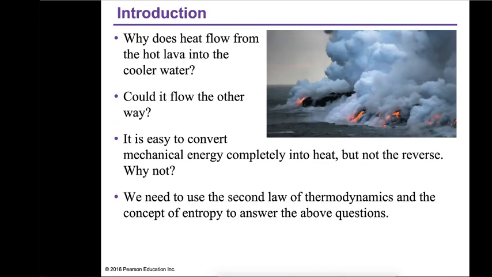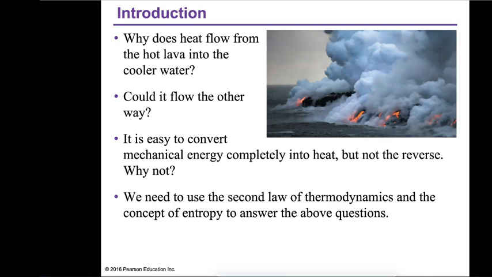Before this chapter, let's ask several questions. Why does heat flow from hot material to cooler material, like it flows from lava to cooler water? And can it flow the other way, for example, from some cold object to a hot object? Is that possible?